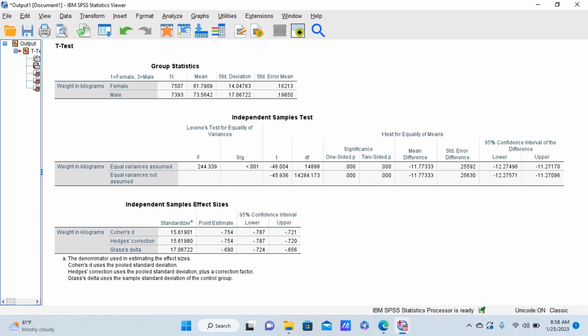What's important is that the significance is lower than 0.05. So with that, it's a good indicator that you can reject the null hypothesis. The null hypothesis being that there is no difference between males and females. The alternate hypothesis would be there is a significant difference between males and females.